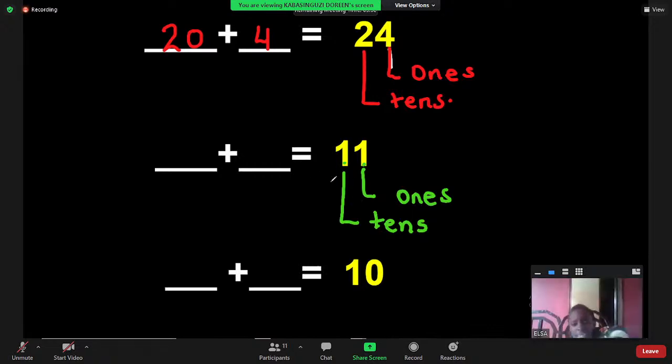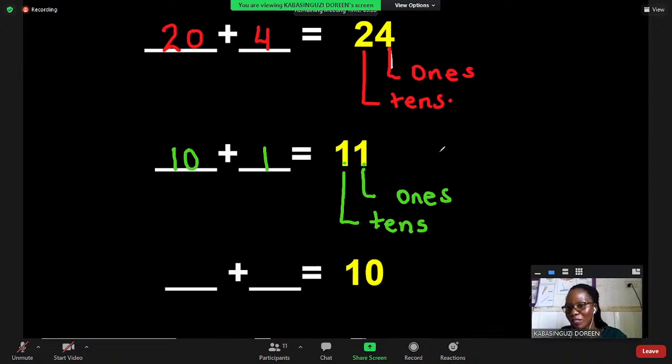Very good. We put 10 here, and then we put the 1 here. 1 tens give us 10, and then 1 ones remains 1. Thank you so much, Elsa. So this is how we expand 11. It is 10 plus 1.